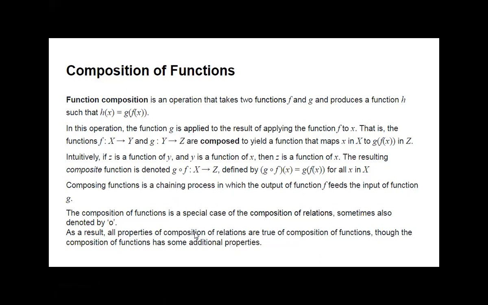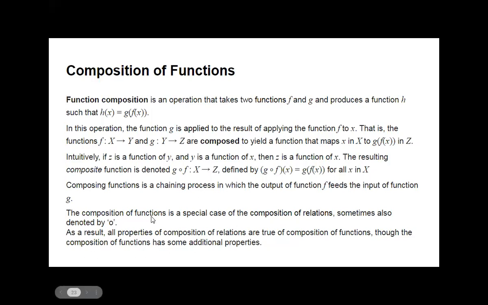As a result, all properties of composition of relations are true about composition of functions, though the composition of functions has some additional properties. Which are the properties for composition of relations? Those are same for composition of functions, but there are some additional properties also.